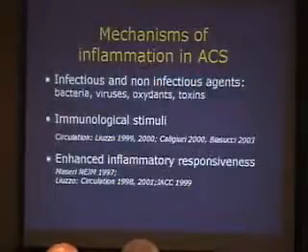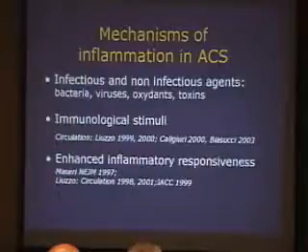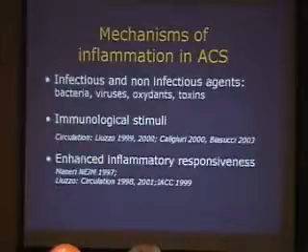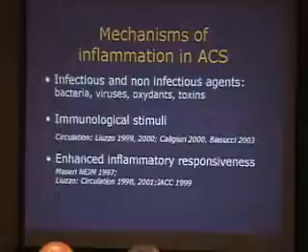So the mechanisms of inflammation during these acute coronary syndromes could be infectious and non-infectious agents: bacteria, viruses, oxidants, toxins, immunological stimuli, as shown in these papers that we published with Giovanna Liuzzo in Circulation, 1999-2000, with Pina Caligiuri and Goran Hansson in 2000, with Gigi Biasucci in Circulation 2003, where we found antibodies against heat shock protein 60 of chlamydia in patients with acute coronary syndromes, but not in stable patients.